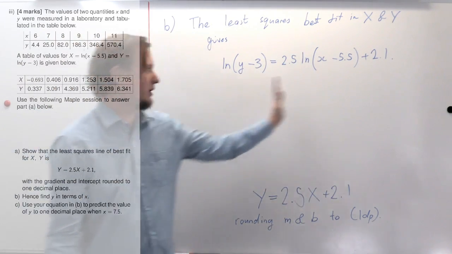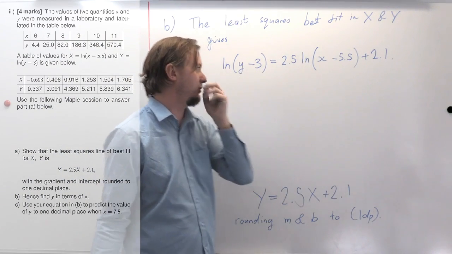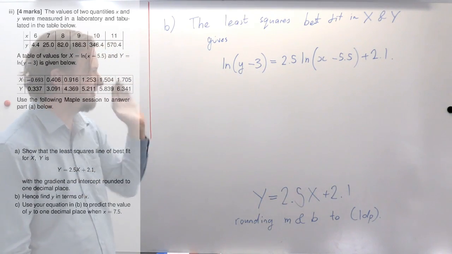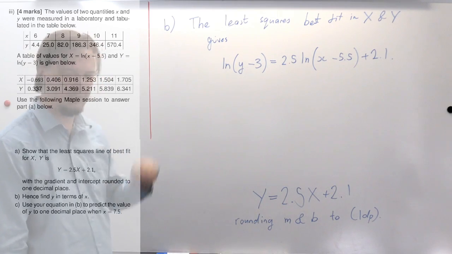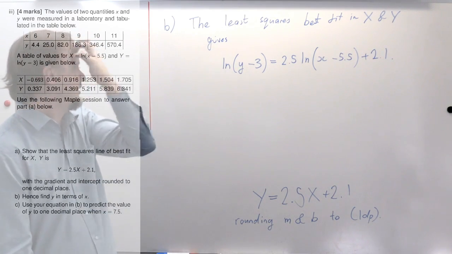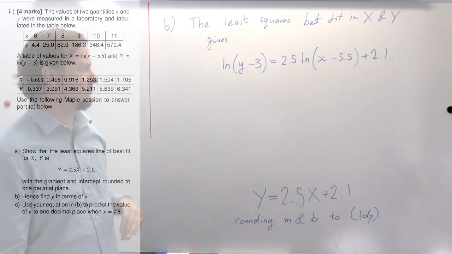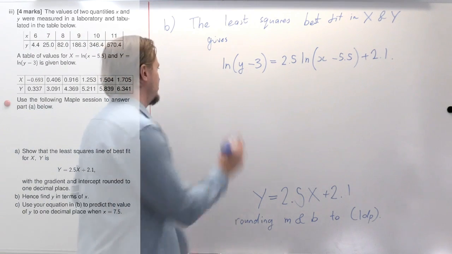So this gives us a way to relate lowercase x and lowercase y. But I would like to see y just being a function of x. So the easiest way to do that is just to exponentiate both sides.